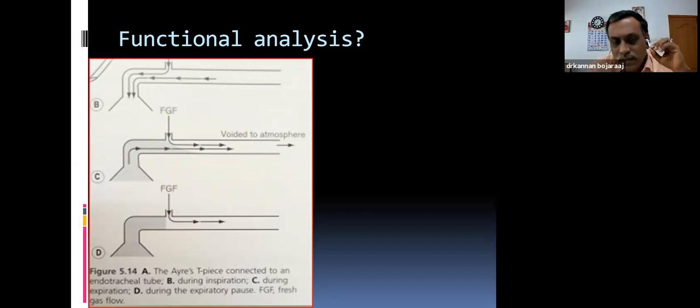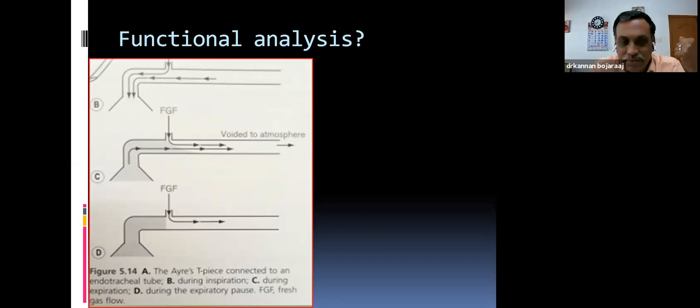So, for the next inspiration, there is fresh gas flow plus the gas present in the expiratory limb. I mean, this reservoir limb is drawn inside. Is it? Yes, sir. Hello, Dhanlakshmi? Is it there or not? Yes, sir.